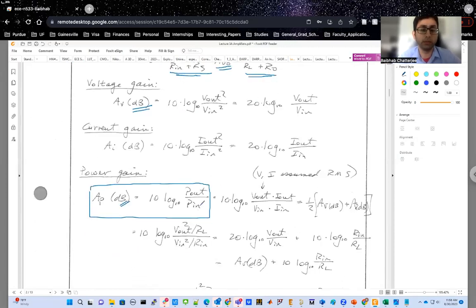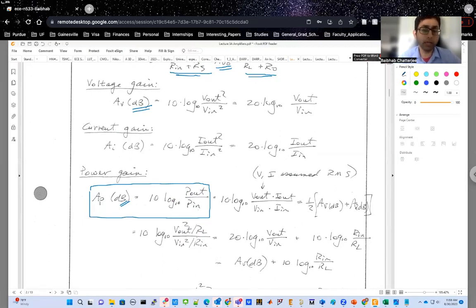Now, of course, power you can represent as voltage multiplied with current. From Ohm's law, you know current is voltage divided by resistance. So you can represent power as voltage squared divided by resistance, which is effectively equal to voltage multiplied with current. So this P out becomes V out squared divided by RL, and P in becomes V in squared divided by R in.